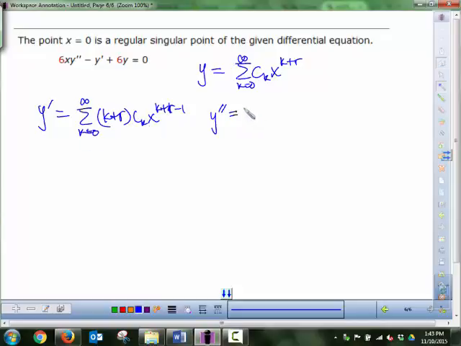All right, the second derivative, again going from 0 to infinity. Now I have k plus r, and k plus r minus 1, c sub k, x to the k plus r minus 2.